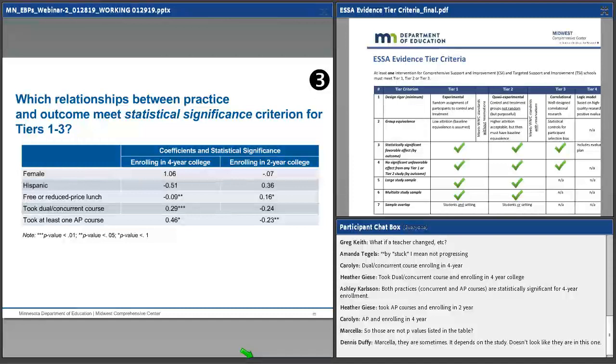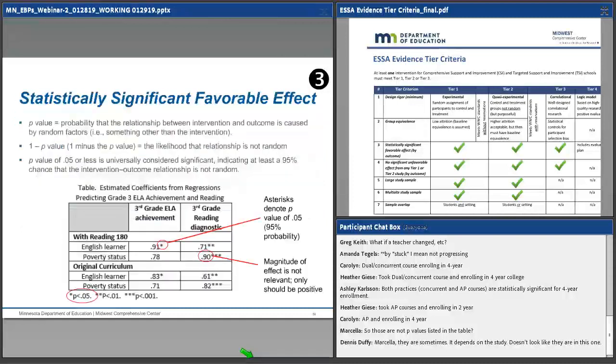And there was one question around whether or not the p-values are listed in the table. No, they are not. That is the one distinction that you need to be clear on. The magnitude is listed in the table of the relationship.